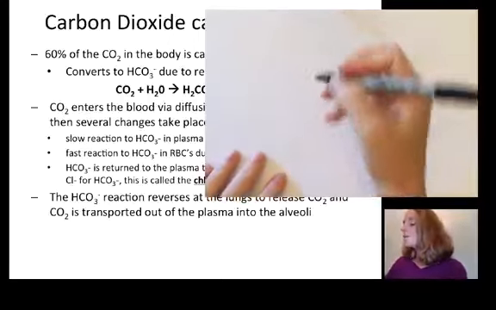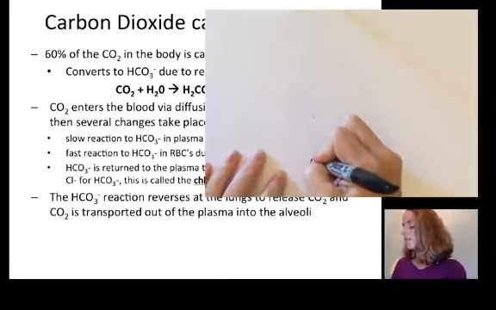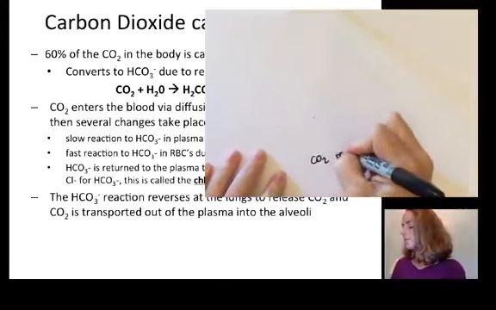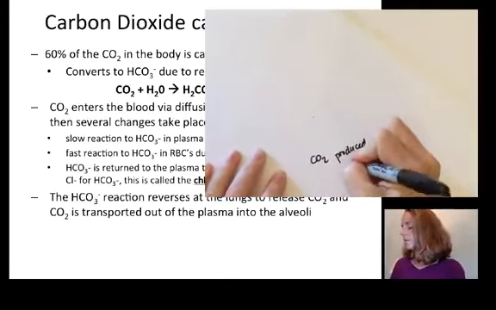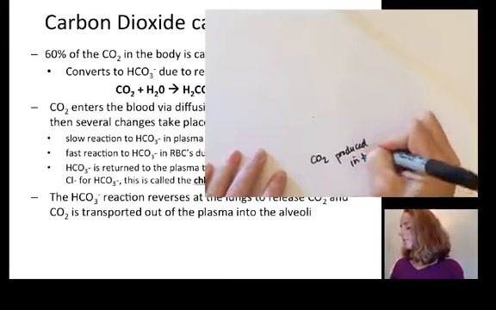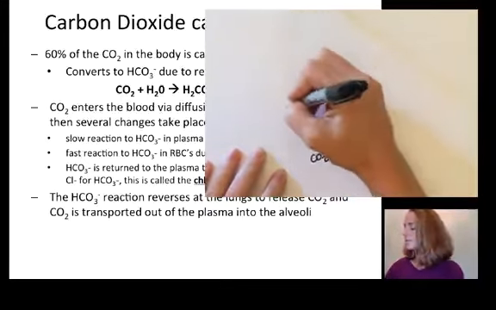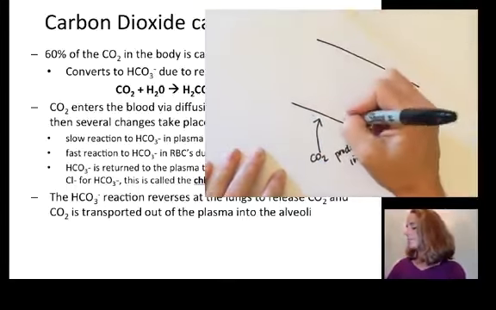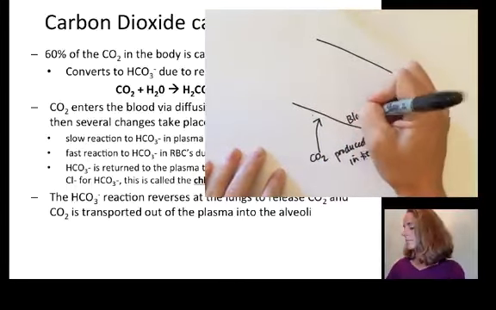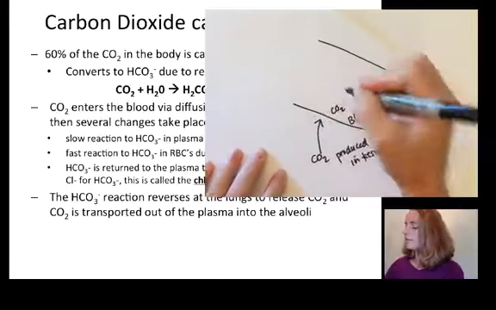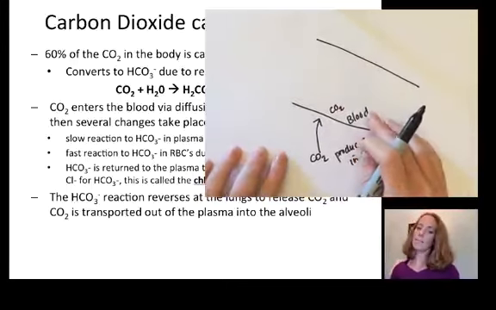Okay, so you have CO2, which is produced in the tissues, right? That is going to diffuse into the blood and dissolve as CO2 in the plasma.